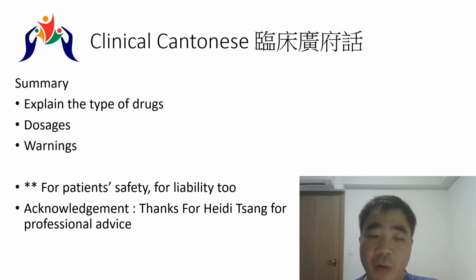We also need to give warnings to the patient, not only for patient safety, because overdose or underdose are quite critically important to them, but also for our own liability. Make sure we let them understand.